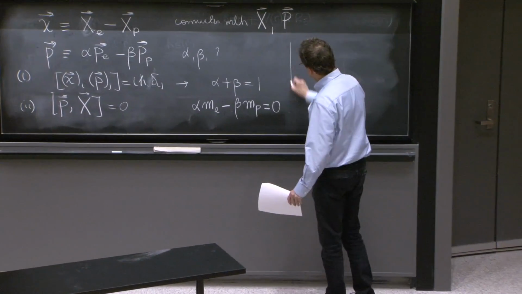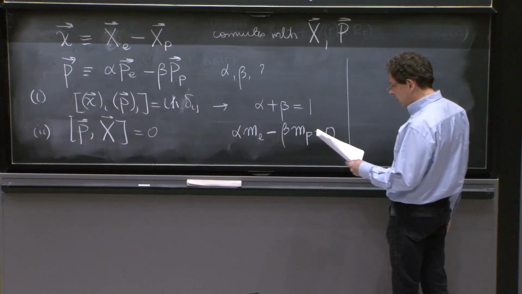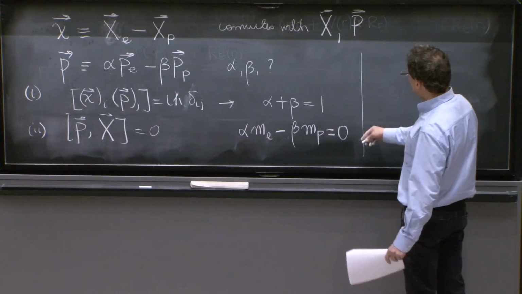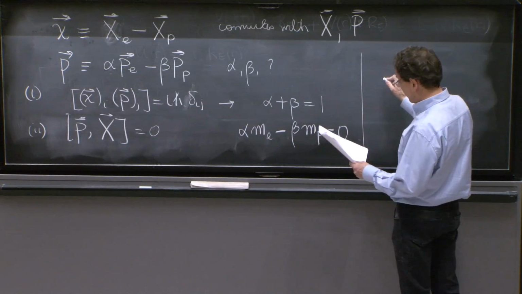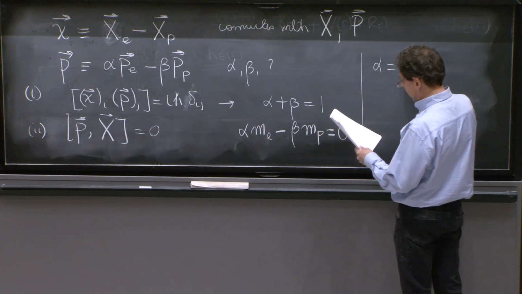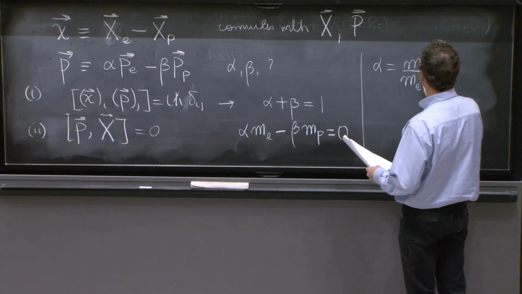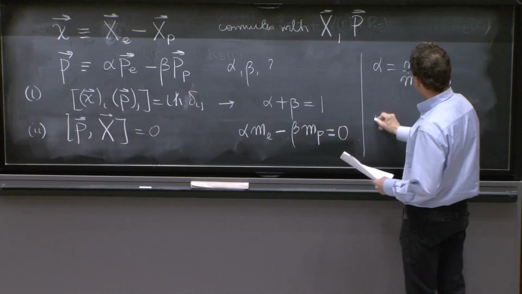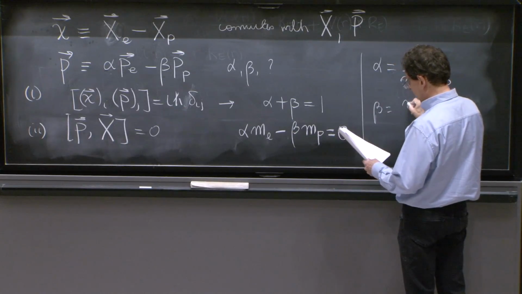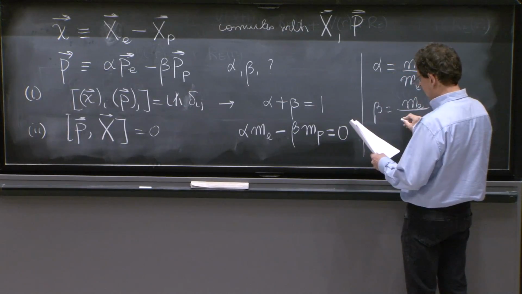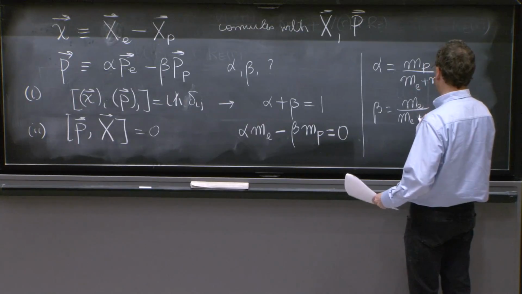So, at this moment, we can solve for alpha and beta, two equations. So alpha is equal to m_p over m_e plus m_p, and beta is equal to m_e over m_e plus m_p.